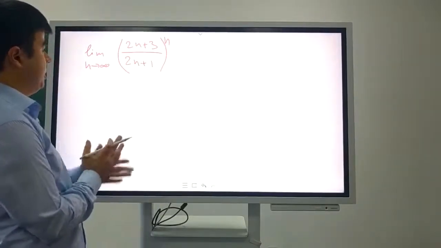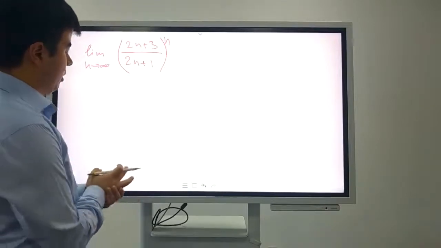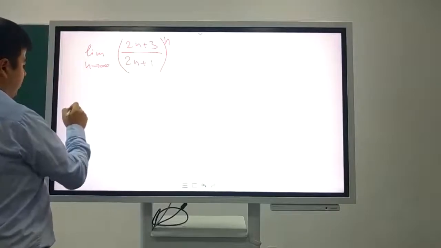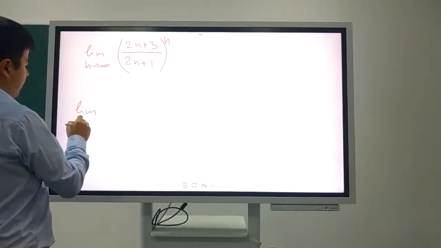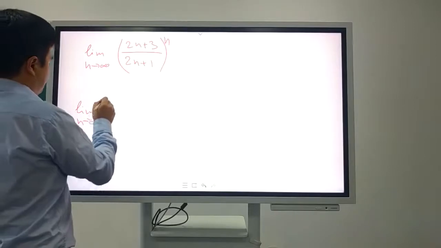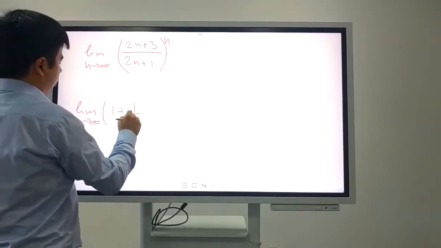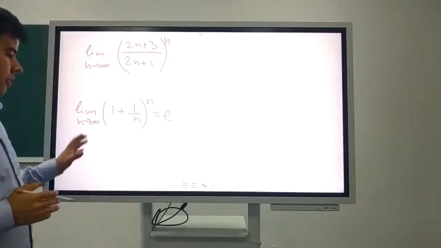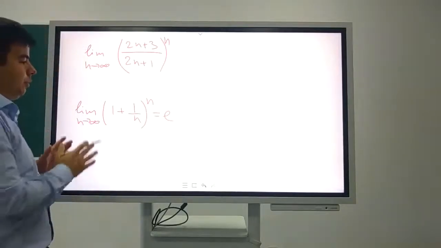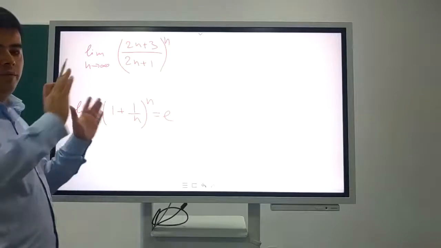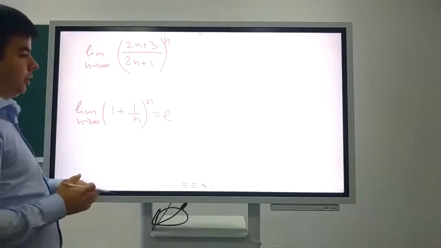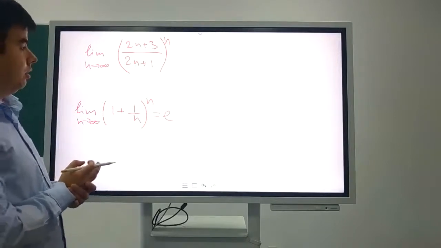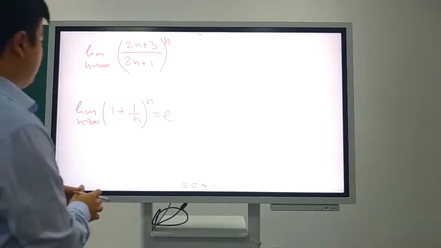In this case, it is the same as the form limit n goes to infinity, 1 plus 1 over n, to the power of n. This is the number e. We will use this one for functions also when we calculate the limit of functions.